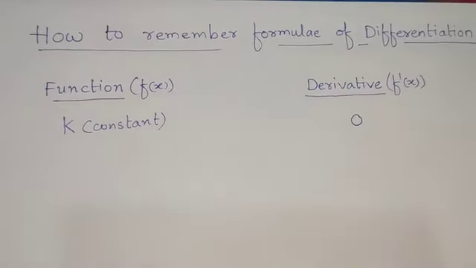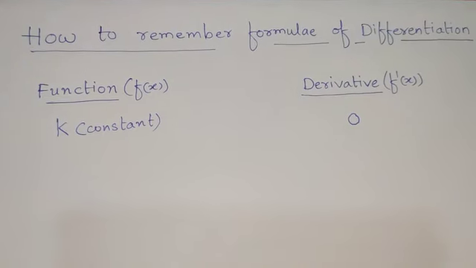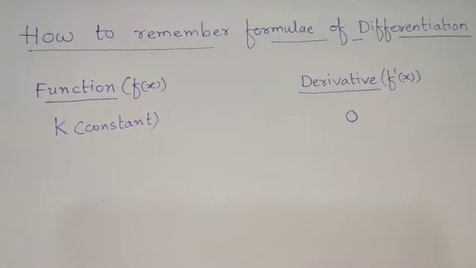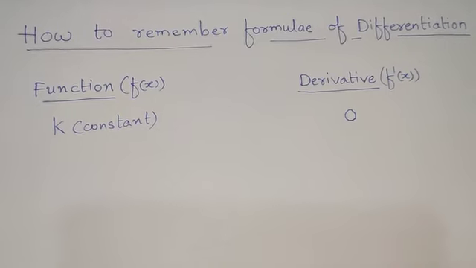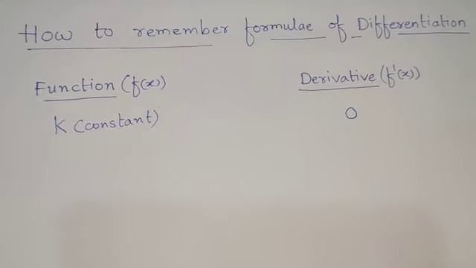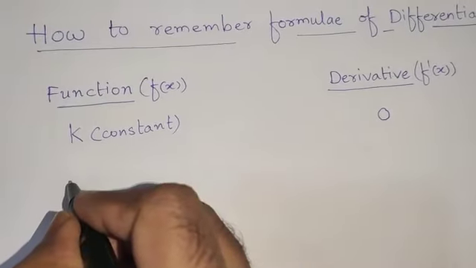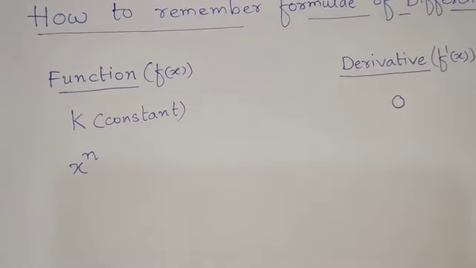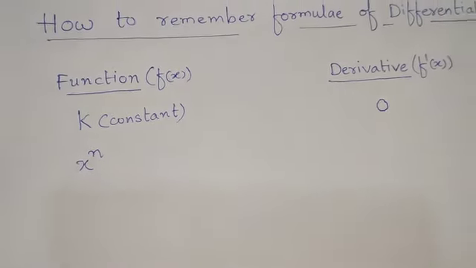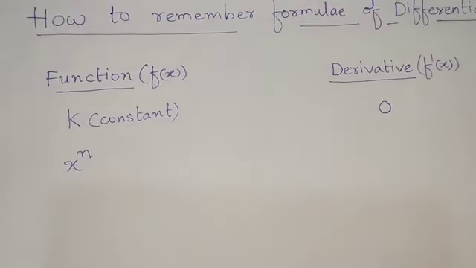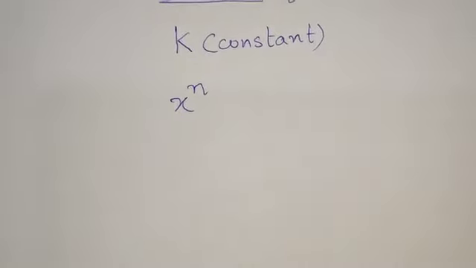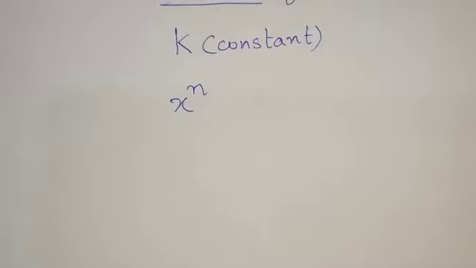So the constant has derivative 0. Now the second function that obviously comes to our mind is x, then x square, then x cube, x raised to 4, x raised to 99 maybe, x raised to 100. So that function, let us say in general, is x raised to n. If n is equal to 1, then the function is x. If n is equal to 2, then the function is x square. If n is equal to 3, then the function is x cube.